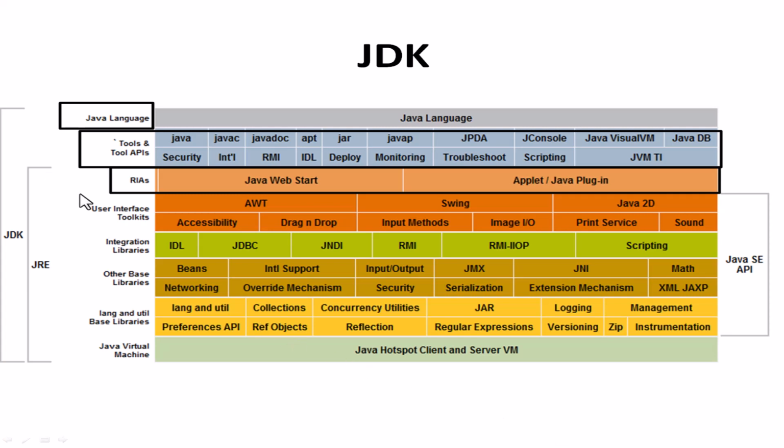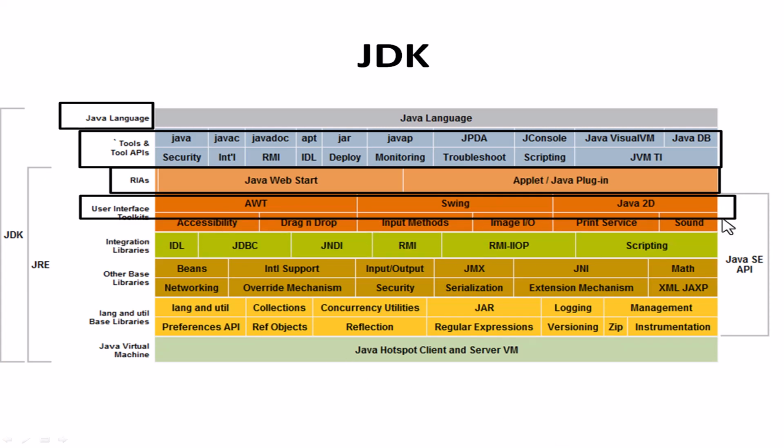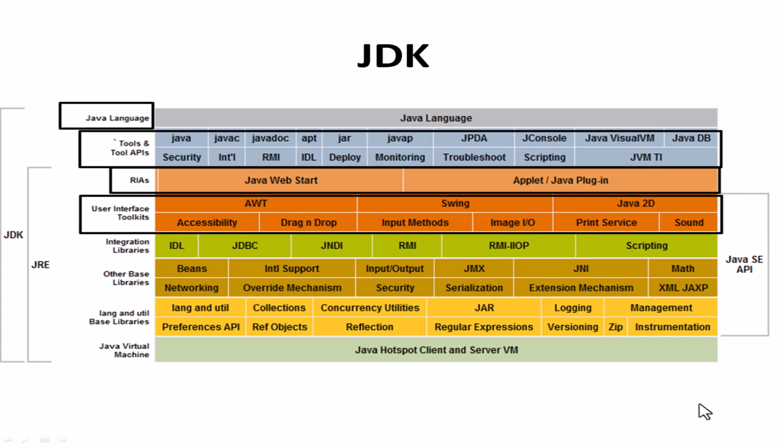Next, user interface toolkits. Here you have AWT, the Abstract Window Toolkit, Swing, Java 2D. These support the 2D features of images and other kinds of objects. Accessibility, drag and drop features, input methods, image IO, print service, sound.